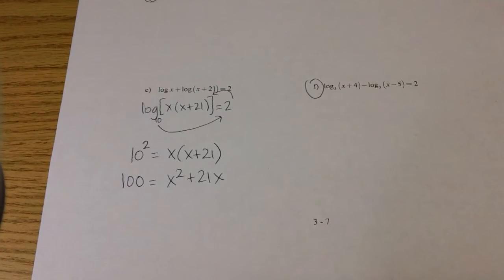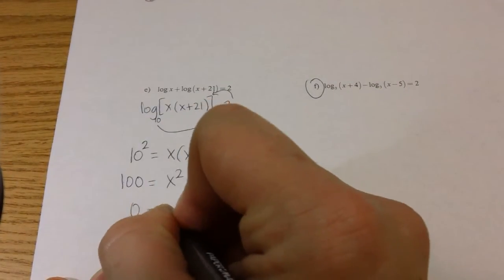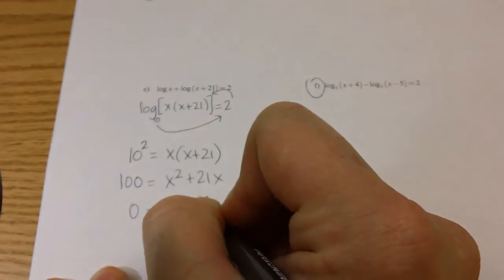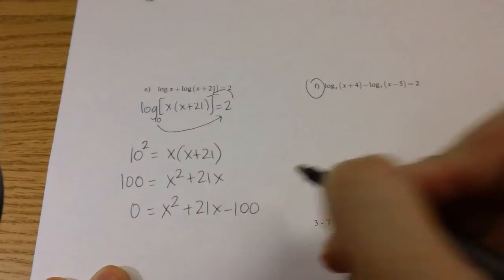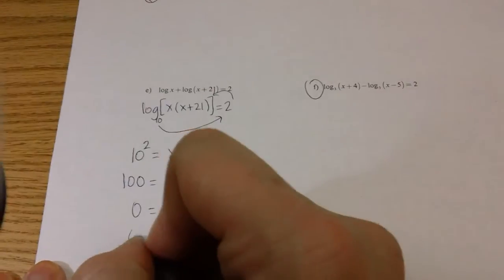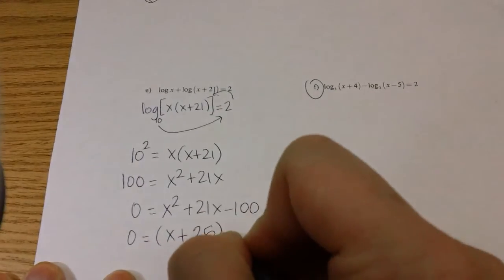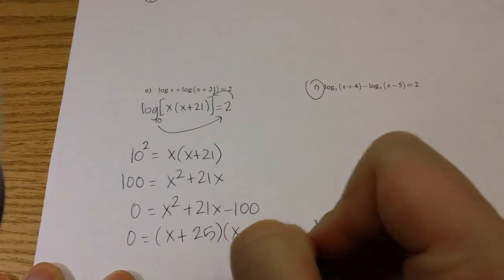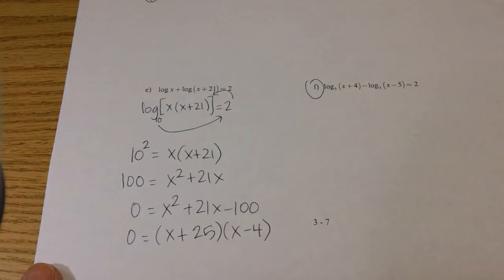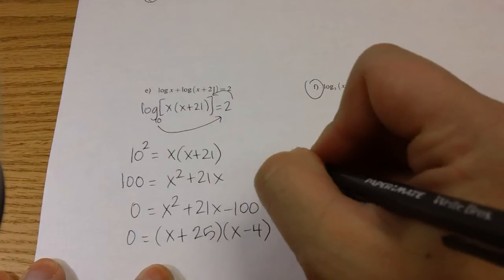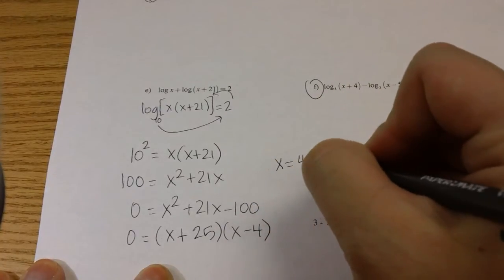We subtract 100, so 0 equals x squared plus 21x minus 100, and we can factor that. So 0 equals x plus 25 times x minus 4. When we use the zero product property, we are either going to get x equals 4 or x equals negative 25.